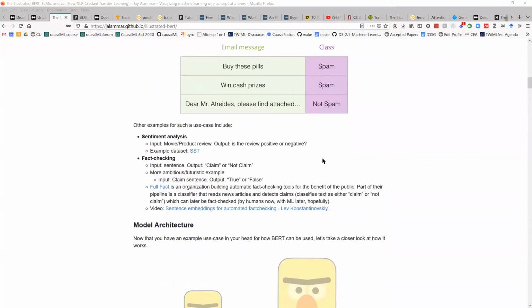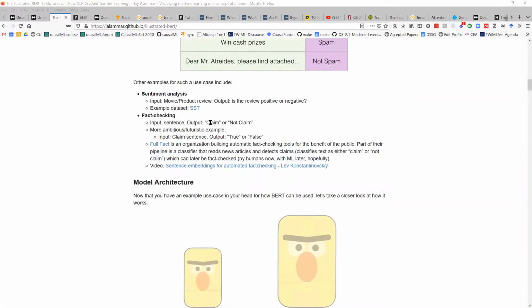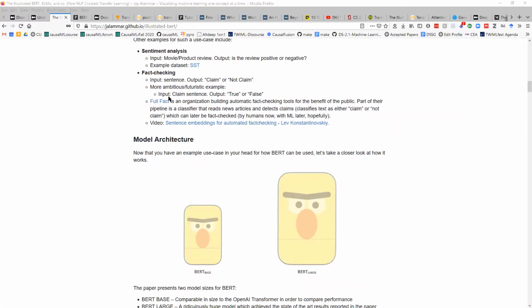Fact checking, reading an input sentence and then deciding whether it's a claim or not a claim. Maybe that's for insurance, I'm not sure what that would be for. And then he talks about Full Fact, the fact checking tools. So BERT has applications in fact checking.